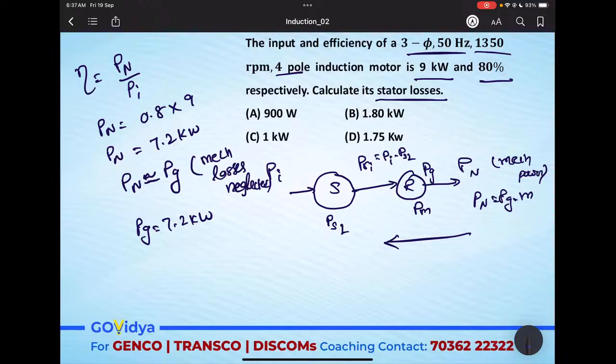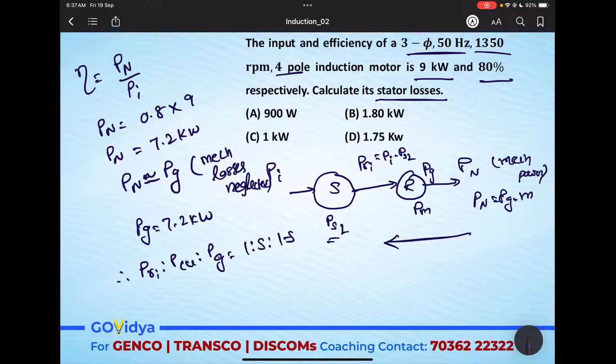In order to calculate the stator copper losses, we need the rotor input power. We know the ratio of rotor input power to rotor copper losses to gross mechanical power is 1 : s : 1 minus s.